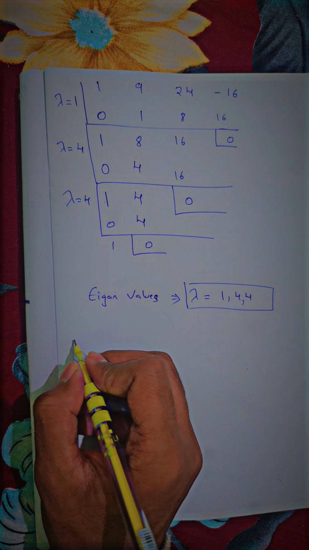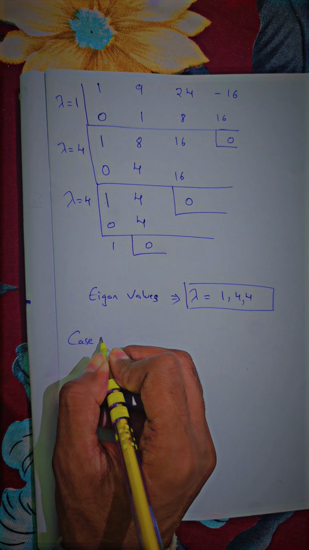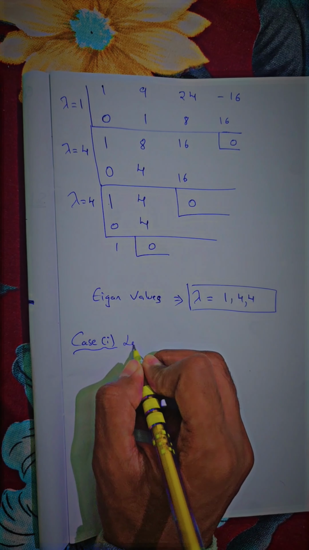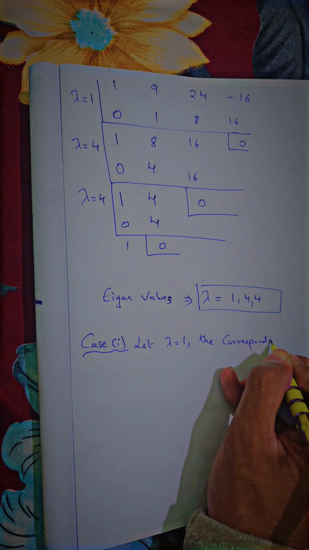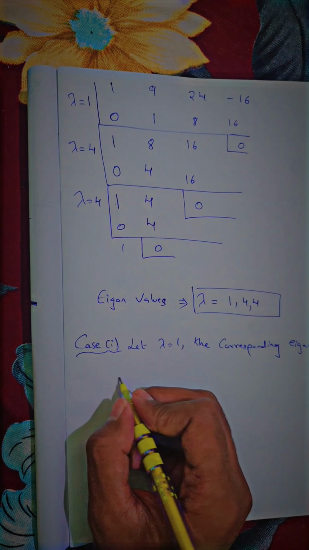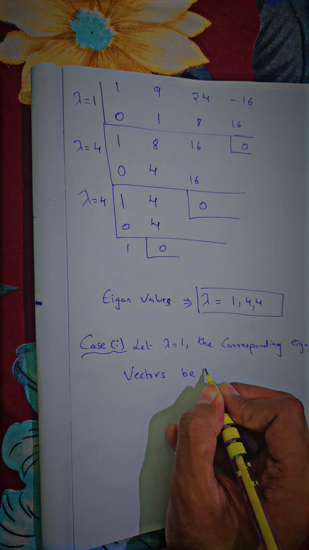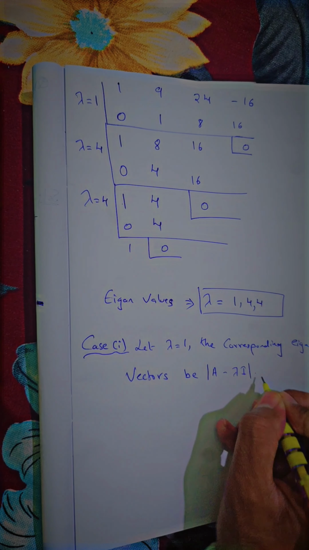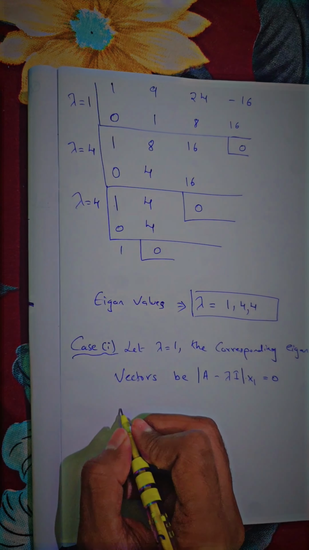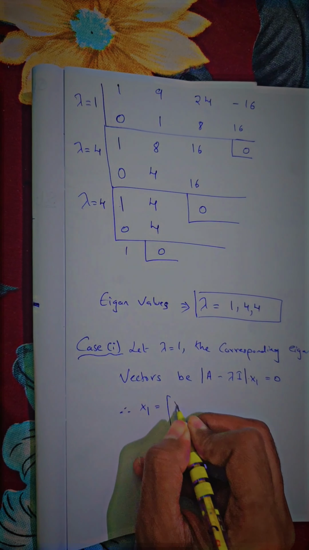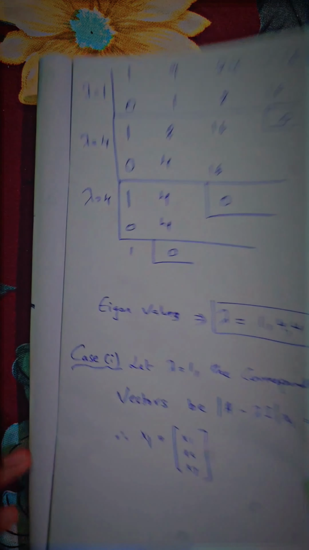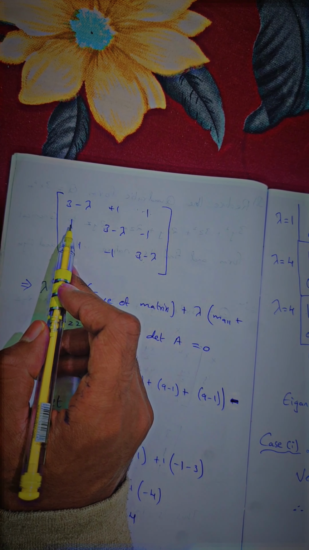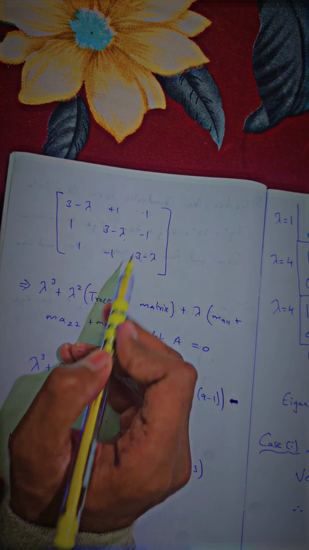Now finding eigenvectors. So case 1, let lambda is equal to 1 and the corresponding eigenvector be x1. Here we write (A minus lambda I) x1 is equal to 0, where x1 is equal to x1, x2, x3. So what we are doing here is, in this we are taking lambda value as 1, so 3 minus 1 is 2, 3 minus 1 is 2, 3 minus 1 is 2.